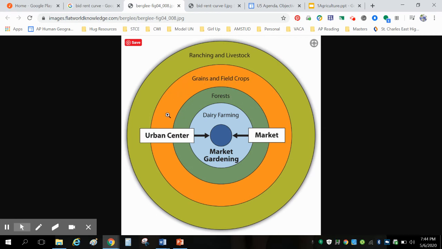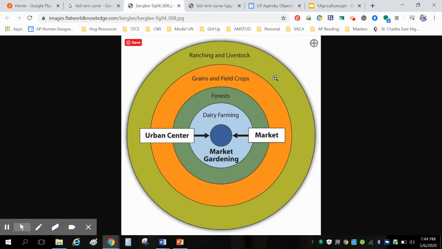And so you're going to move out of the circle a little bit more because you're going to need more land to grow more crops, to make more money. And then think about how easy it is to actually transport wheat and corn. It's pretty simple, right? You just throw it on a truck. It's pretty light. It's not that big of a deal. Transportation costs aren't that much. So you're going to move outward where you can get more land. And bid rent comes into play with why circles are located in the places that they are, but I'll explain that in a minute.